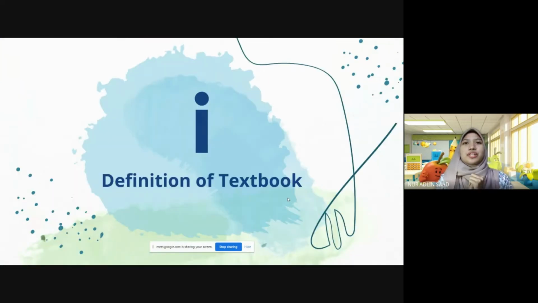Can you guess or do you know what is the definition of textbook? Wow, it seems like most of you know the textbook is the reference book for all students in Malaysia, right? So let's take a look at the right definition of textbook.